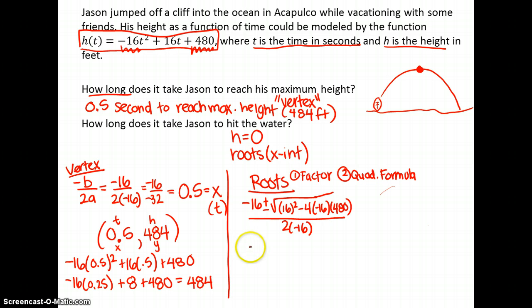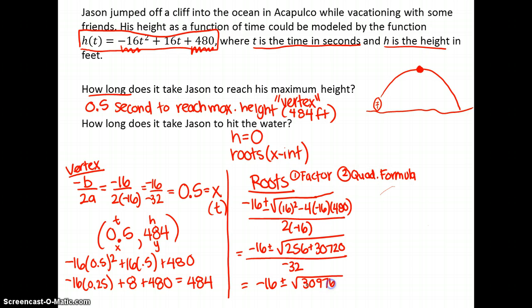So if we simplify that, we get negative 16 plus or minus the square root of 16 squared, which is 256, minus 4 times negative 16 times 480, which is plus 30,720, and divided by negative 32. So negative 16 plus or minus the square root of 30,976 over negative 32.